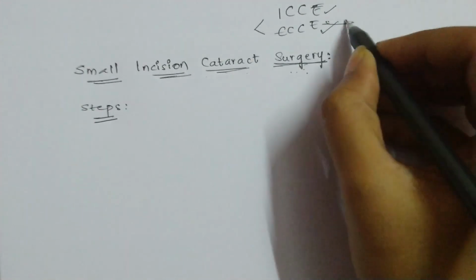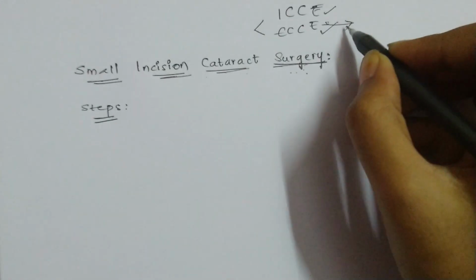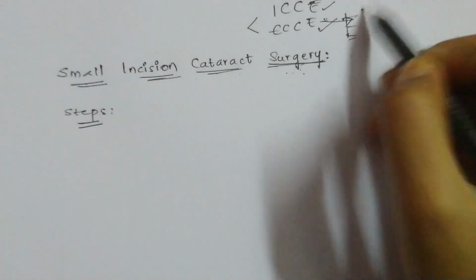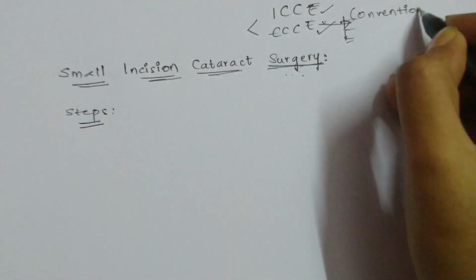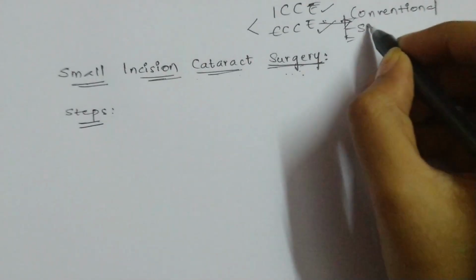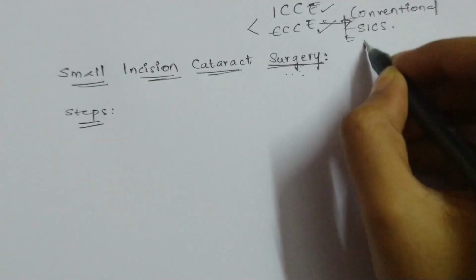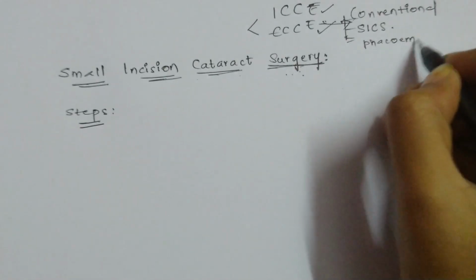And in this extracapsular cataract extraction, there are three types. First is conventional extracapsular cataract extraction, and small incision cataract surgery, and phacoemulsification.